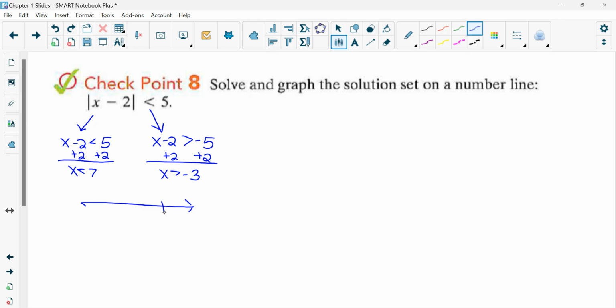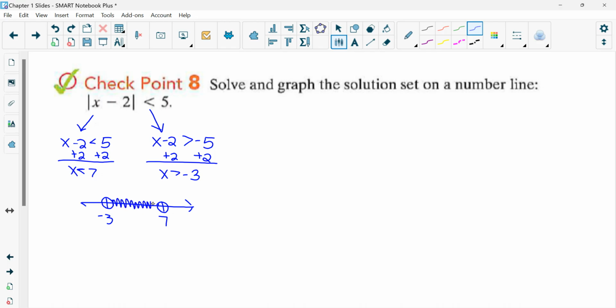So on our number line, 7 would be over here. We're going to have an open dot on 7. -3 would be over here. Open dot on -3. So the shading is always either in the middle of the two dots or pointing outwards from the two dots. So we want to figure out where our shading is going to be. We want our x to be less than 7, so that's going that way. Greater than -3, so that's going in the middle. So our shading's in the middle.